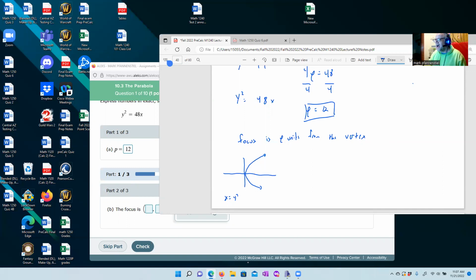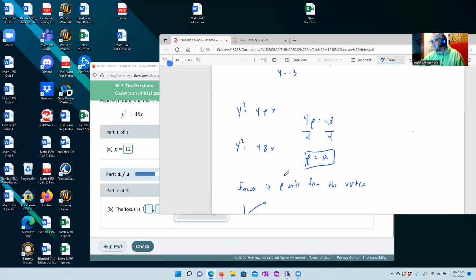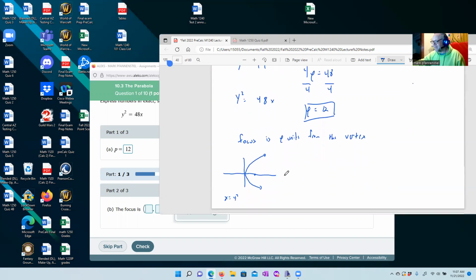So we are going to be p units away from the vertex. Our vertex in this case is 0, 0. That one I don't think is too much of an issue, even though we have changed the way we spelled everything. So the vertex, obviously I would have asked for that first, is 0, 0.